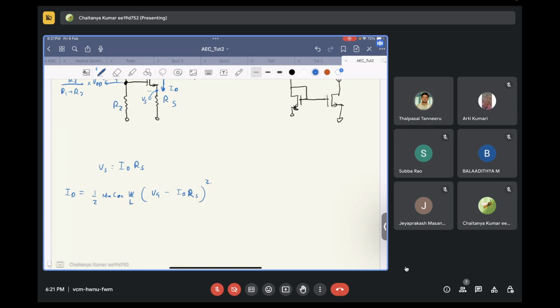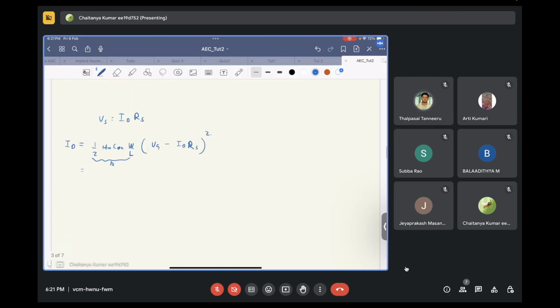Yes, sir. And let's call this k, for now, to simplify the algebra. So it becomes ID is equal to k into VG squared plus ID squared RS squared minus 2 VG ID RS. Do you follow this? Yes, sir.